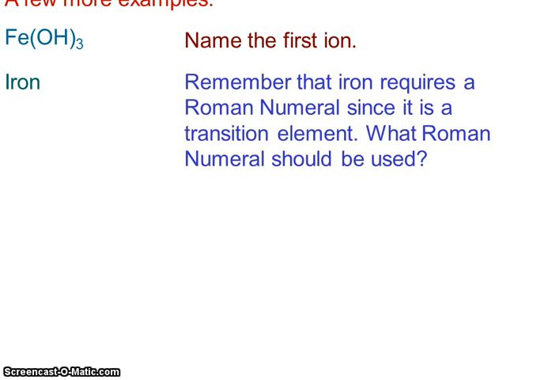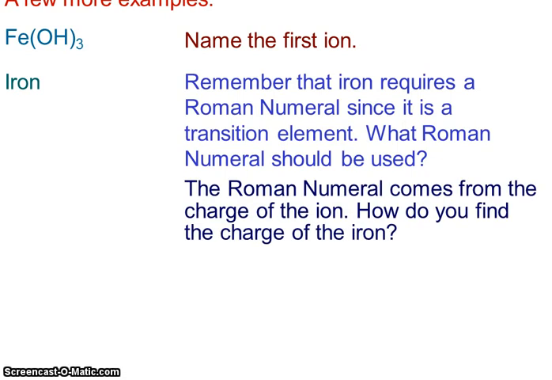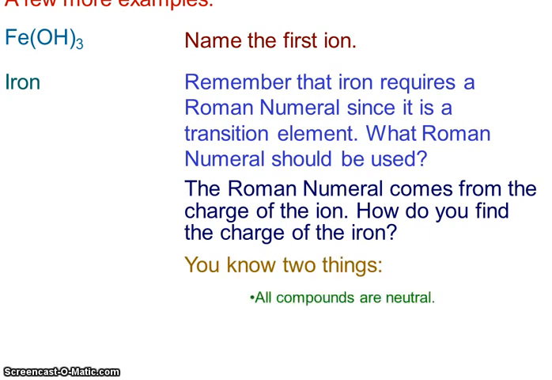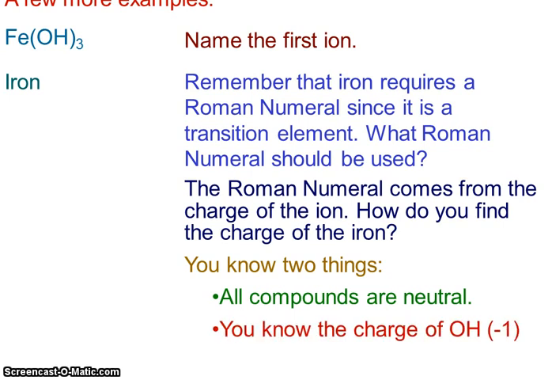A few more examples. Fe(OH)3, this combines both of our new ideas. Fe is a transition metal, so when I name it, I'm going to need its charge. That's iron. I'm going to use my good old deductive reasoning to figure out what that Roman numeral should be. If I look on my sheet, I'm going to see OH minus has a charge of -1. I have a compound that has to be neutral, and I have 3 things that are -1.